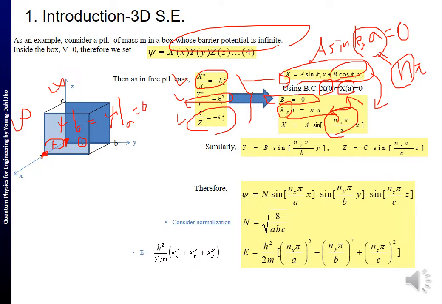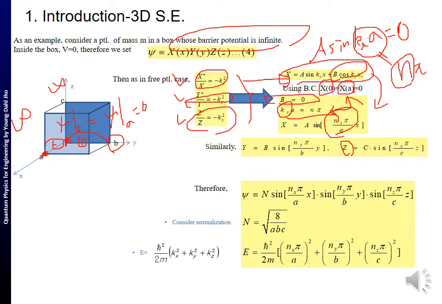Similarly, Y is given by B sine ny pi y over b, where b is the scale of the box along the y-axis. For Z, it is C multiplied by sine nz pi z over c.